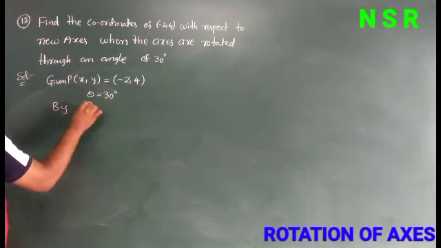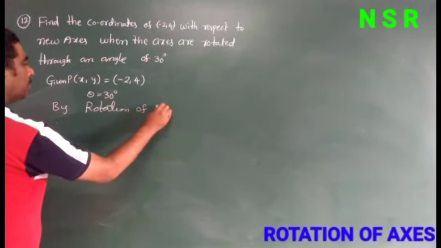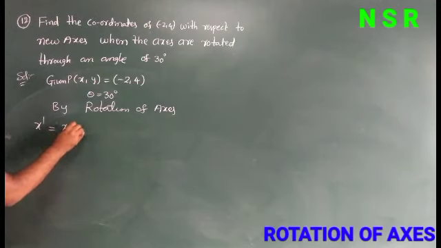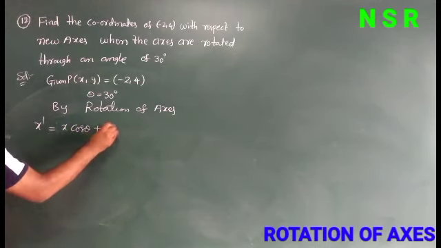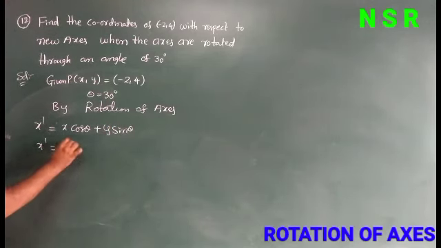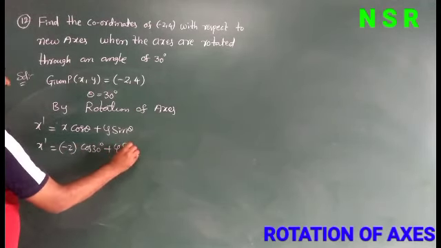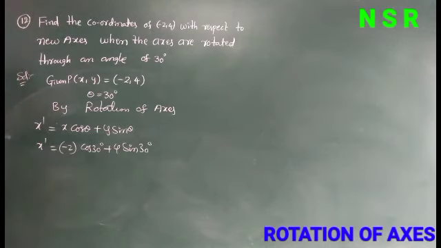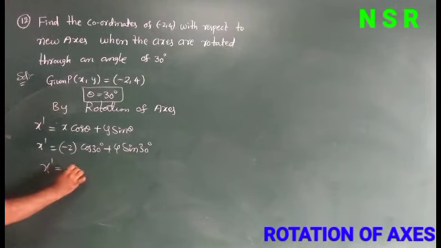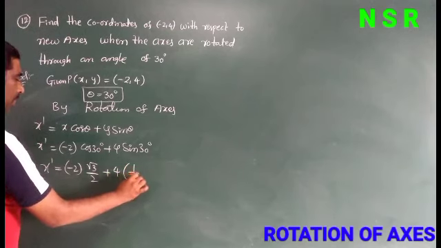So by rotation of axis, x' = x cos θ + y sin θ. Now x' = −2 cos 30 + 4 sin 30. The theta value is 30 degrees, and these are the x and y values. So the cos 30 value is √3/2 and the sin 30 value is 1/2.